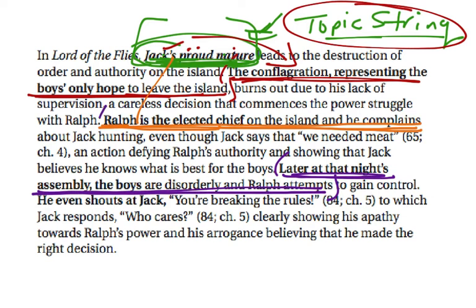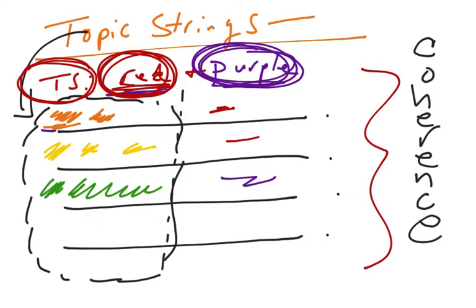Remember, the topic string is literally the words to the left of the midpoint of the sentence. And they need to have some sort of connection with the topic sentence. And we don't have that. So what we have in this situation is the chaos that we have with these colors.